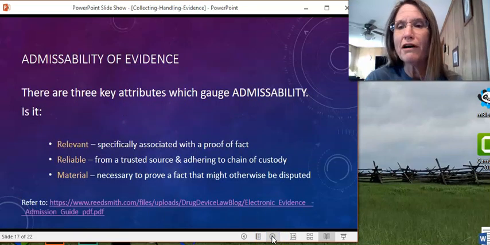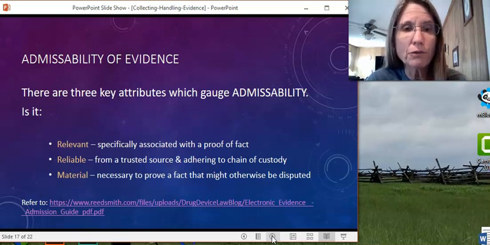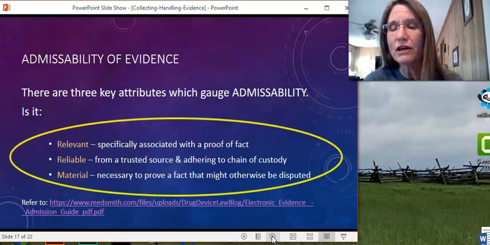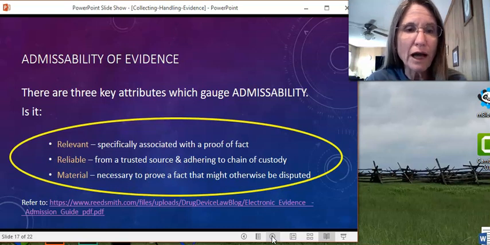So when we talk about admissibility in court, there are three key attributes which are going to test whether any particular item is indeed admissible. It must be relevant, reliable, and material in nature. So you should understand what each of those means.